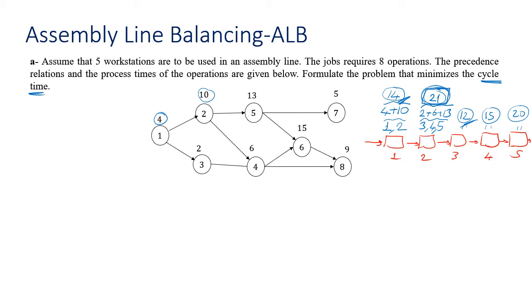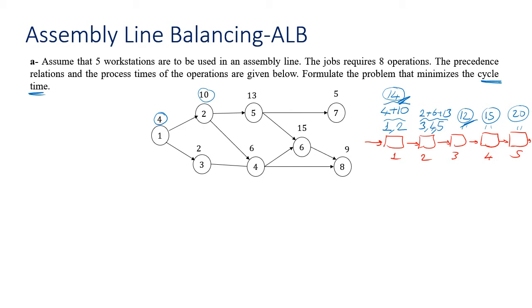So every 21 minutes you are producing one part, and we want to reduce this time as much as possible by determining the allocation of these assembly operations to workstations. Of course, allocation of the operations will change the time of the workstations.